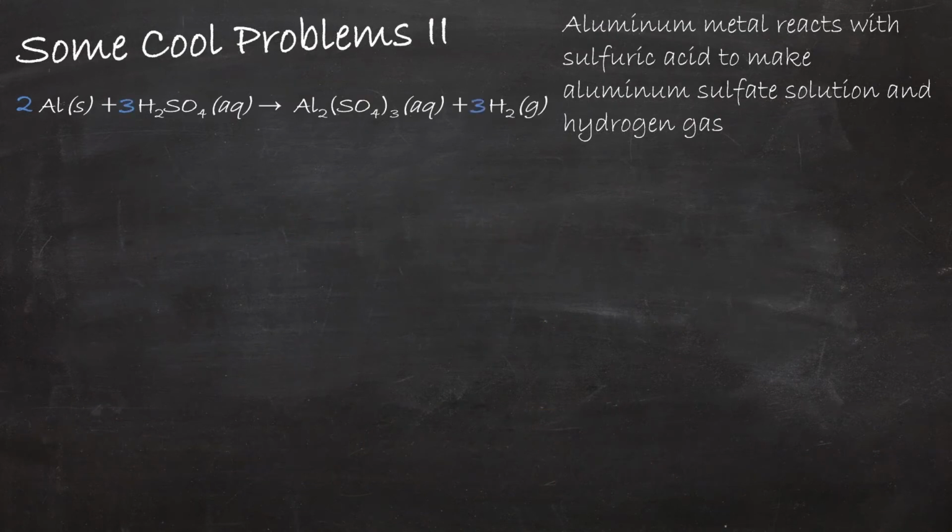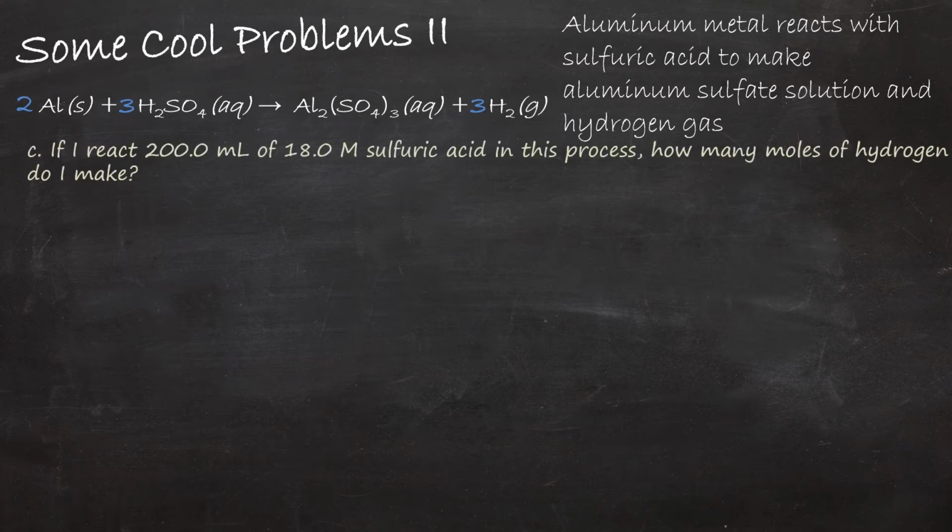Now let's do a computation using solution concentrations. If I react 200 milliliters of 18 molar sulfuric acid in the chemical process, how many moles of hydrogen do I make? As always, we need to get to moles of sulfuric acid before we can use our mole-mole relationships.